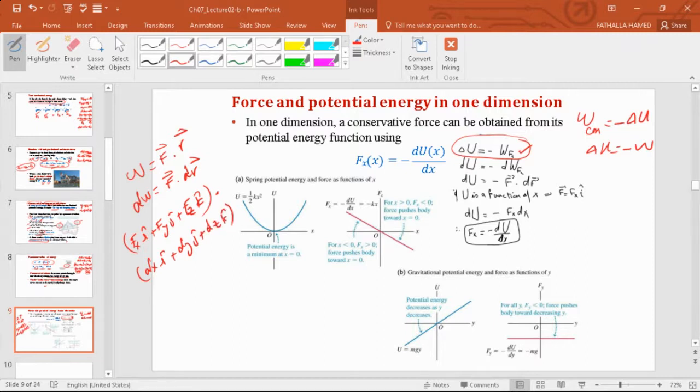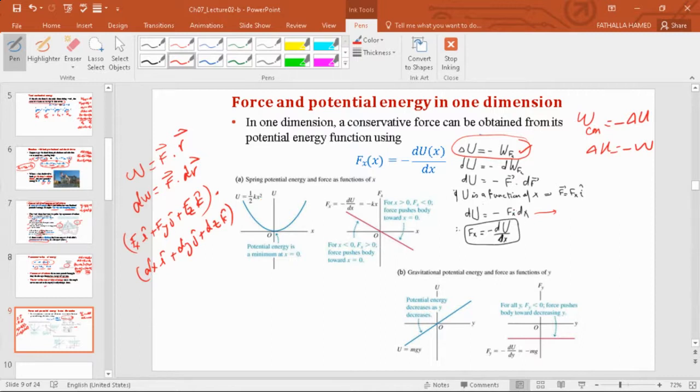If you take the dot product, it will give you Fx dx, Fy dy, Fz dz. You're adding them. But if you have it in one dimension here, so you will have dU will equal to minus Fx dx if you are moving along the x-axis, like the case of a spring, for example.